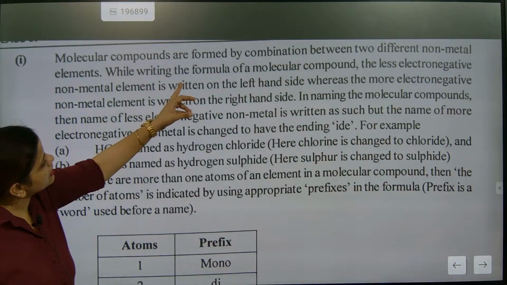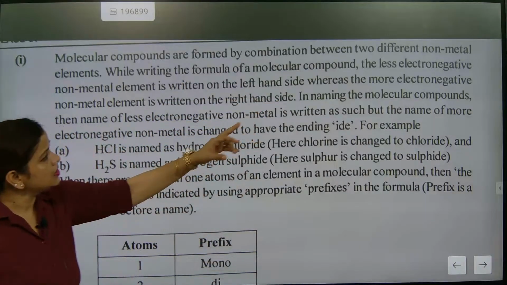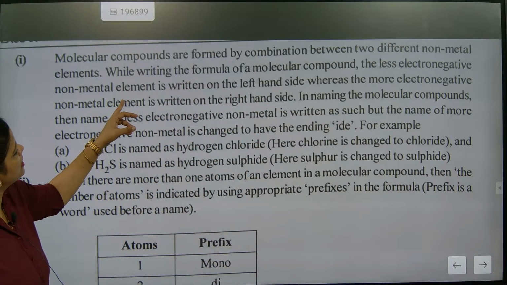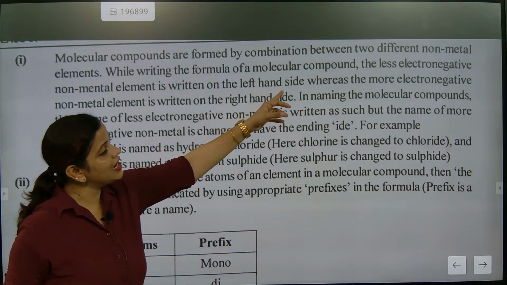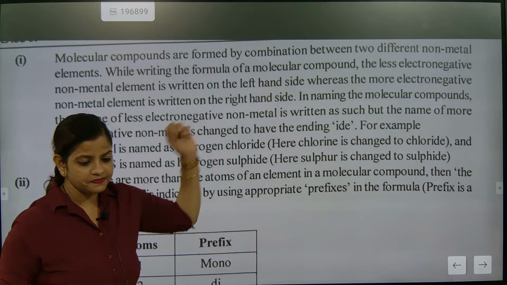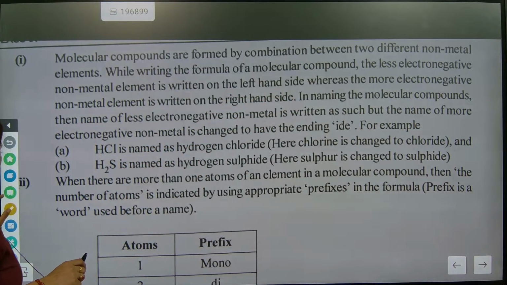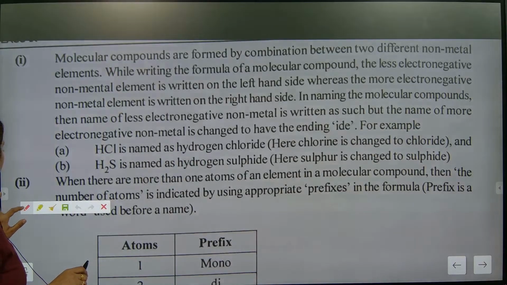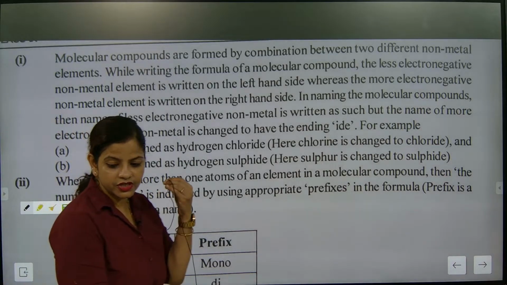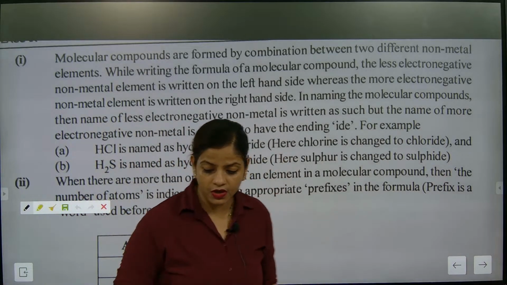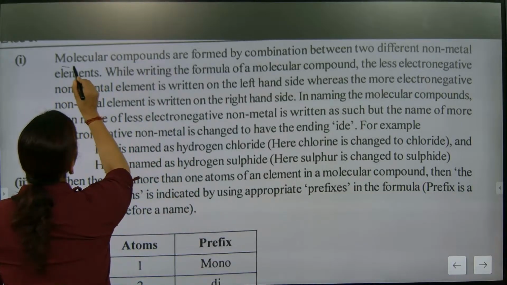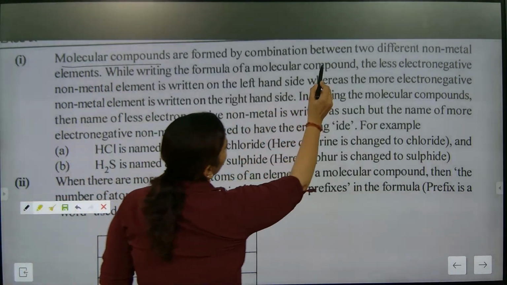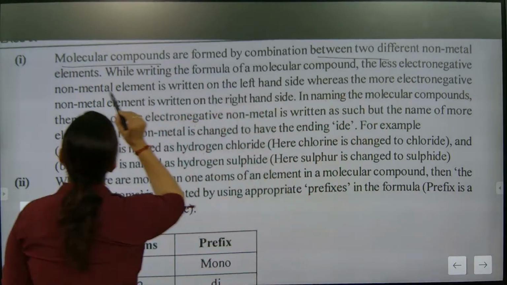First, molecular compounds are formed by combination between two different non-metal elements.